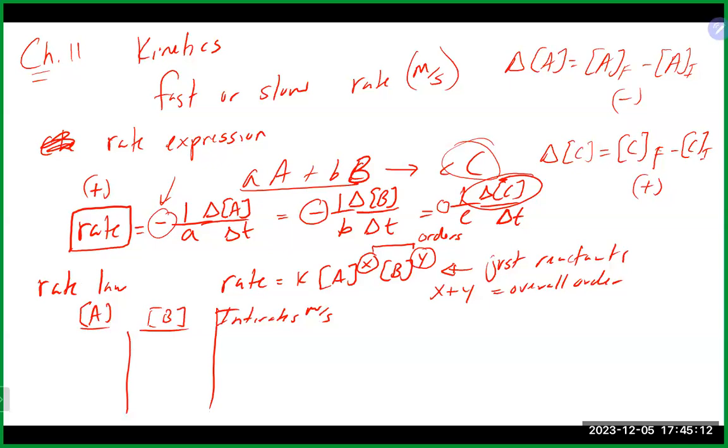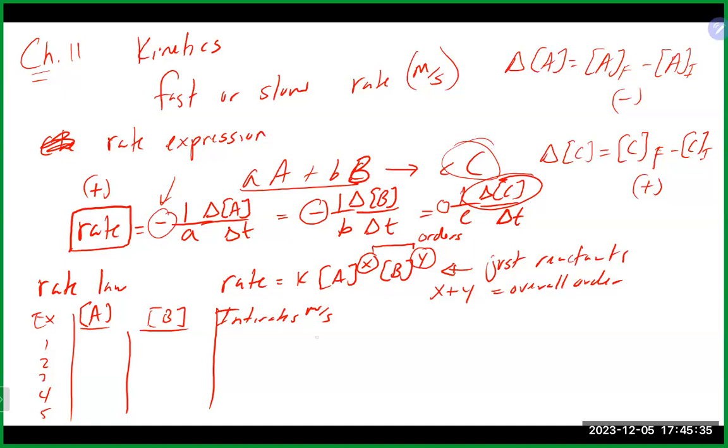And typically speaking, you will have a number of experiments in that table. Maybe 3, maybe 4, 5, 6, maybe a ton of different experiments. But ideally what you want to do, as we did at the end there, is go to the table and find 2 entries where one of the reactants remains constant in terms of concentration and the other one varies.